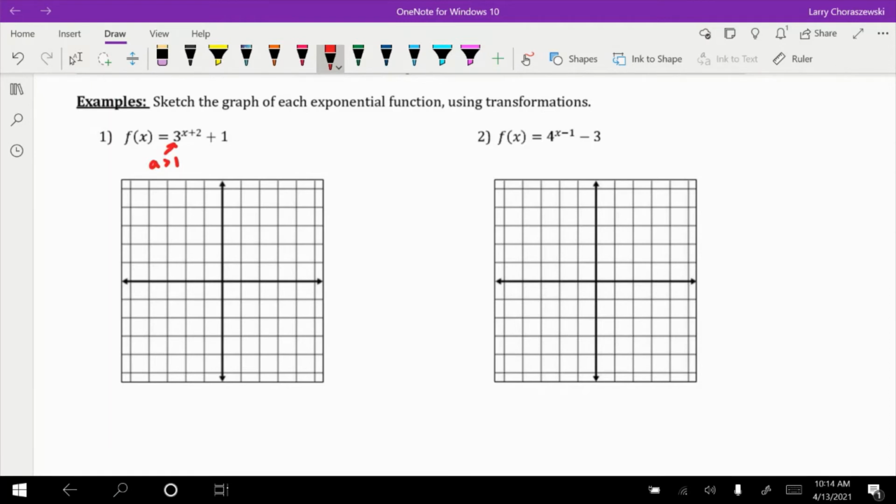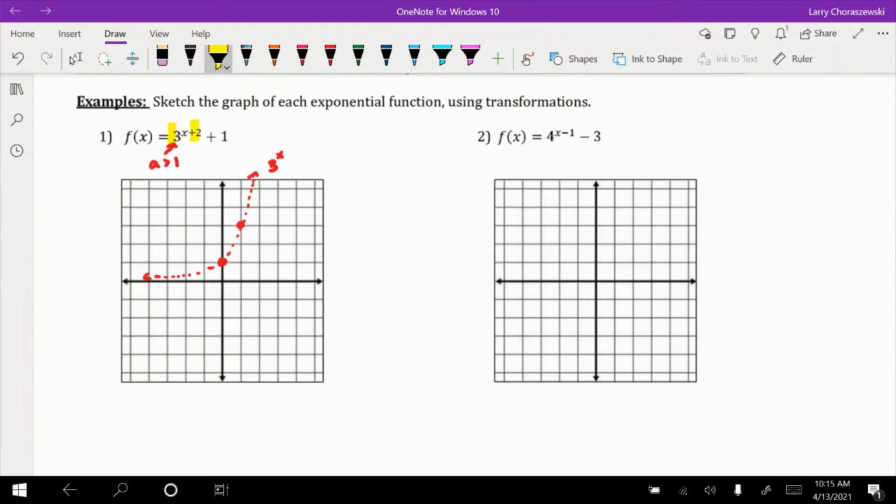Now without any transformations, 3 to the x would go through (0, 1), as well as (1, 3). The left end will be close to the x-axis, and the right end will shoot up to positive infinity. So that would be 3 to the x. There are no negatives in front of our base, so no x-axis reflection to do.